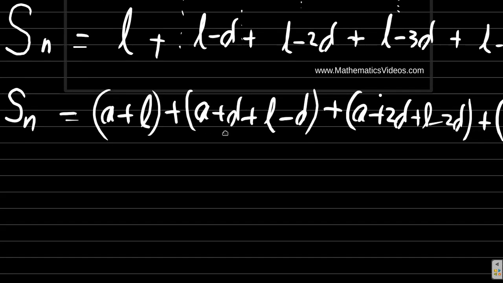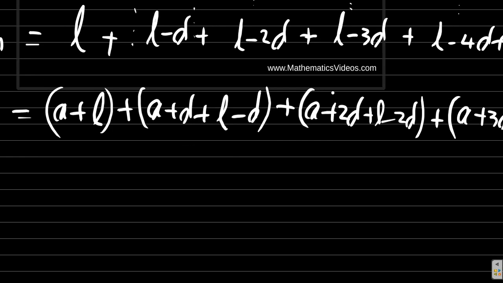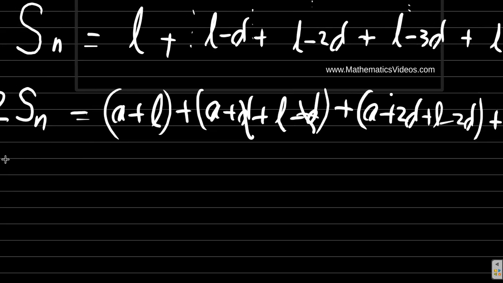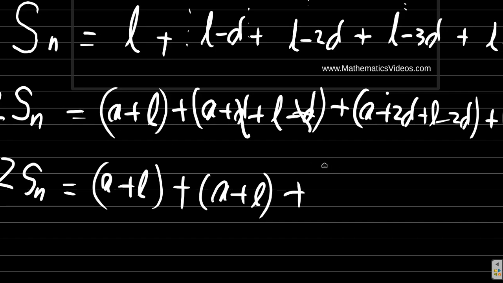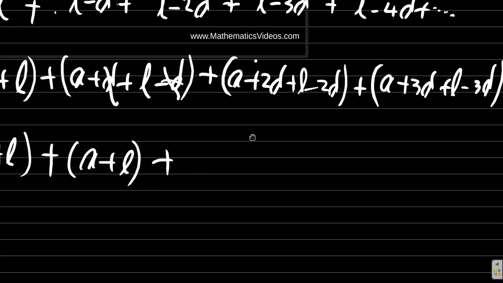Alright, so let's see what happens here now. A plus D plus L minus D. But D minus D, it minus itself, so the D minus D, that's gone. So let's rewrite this. It's 2 times the sum of the n terms is A plus L plus, well, this turned out to be A plus L plus, and then what's going to happen here?